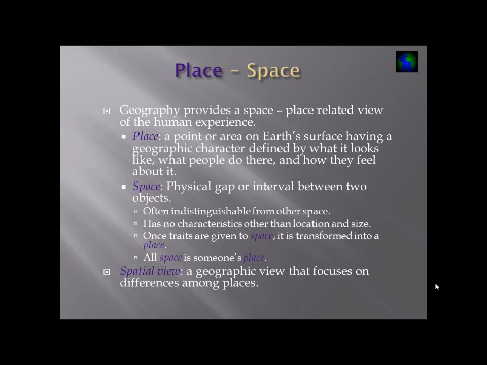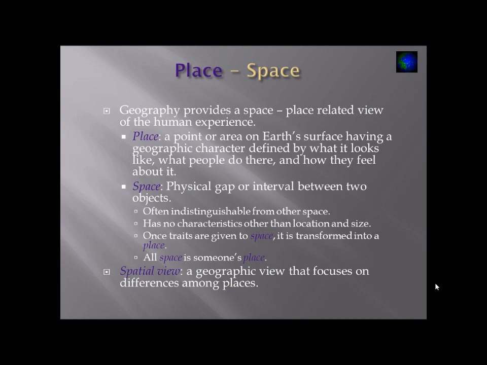Space is a physical gap or interval between two objects. This is constantly debated. So it's often indistinguishable from other space. It has no characteristics other than location and its size, and really you have no impression of that particular area that would actually render it a place.